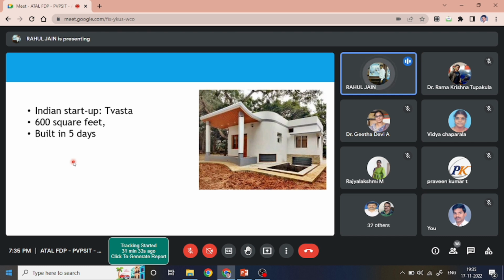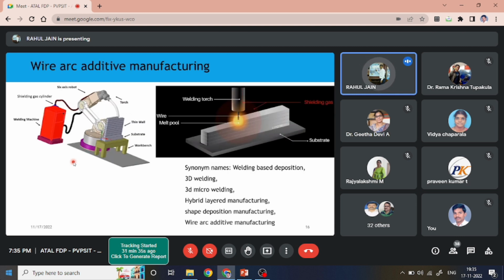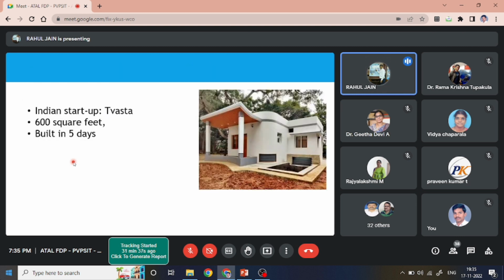There's another example I have not shown over here, but recently IIT Guwahati built additive 3D printed toilets for army personnel. They completed the project and successfully delivered it.